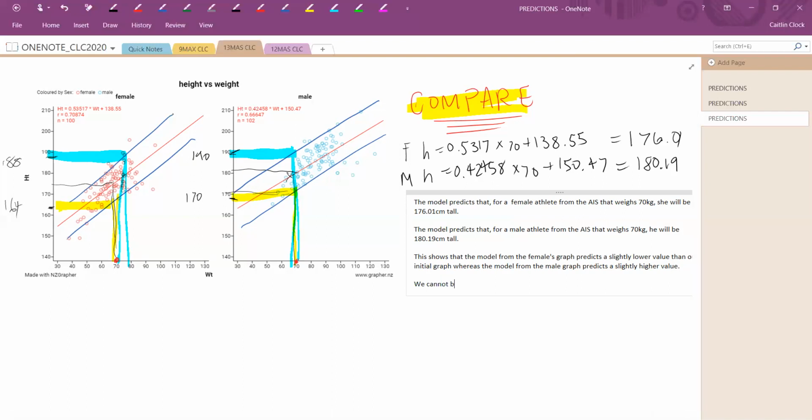We cannot be completely confident in our predictions.